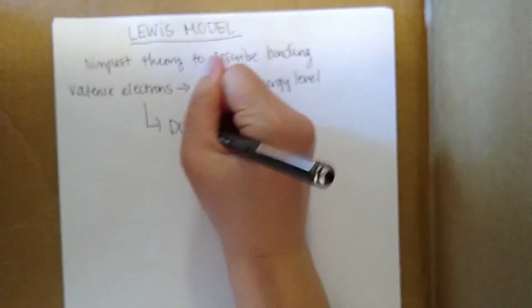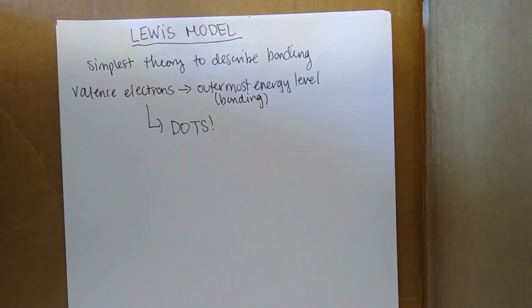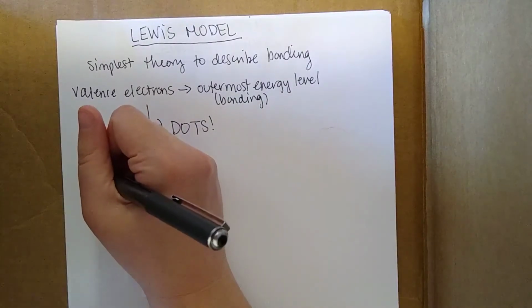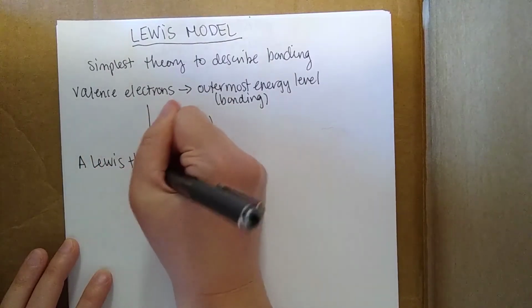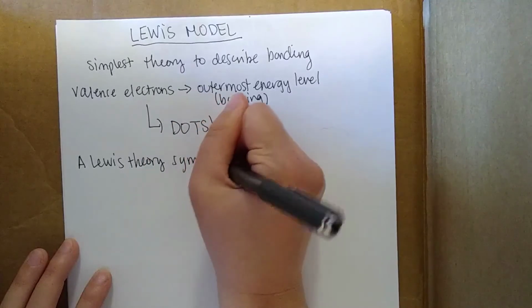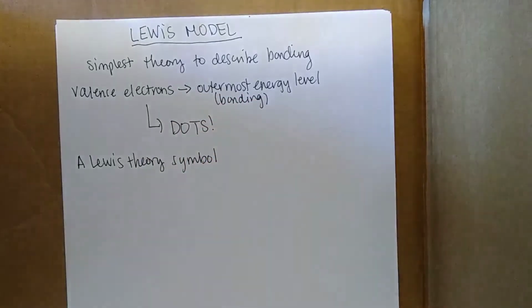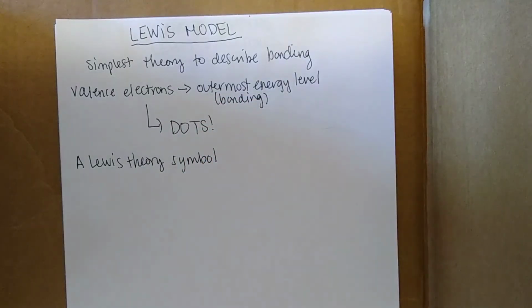Okay, so in Lewis theory, we need to look at valence electrons to describe bonding, and the way that these valence electrons are going to be represented is by dots. So simple enough, we're going to count them and draw them as dots. When we want to draw a Lewis theory symbol, we're going to write the letter for the element from the periodic table, or its chemical symbol, and then draw dots around it representing the valence electrons.